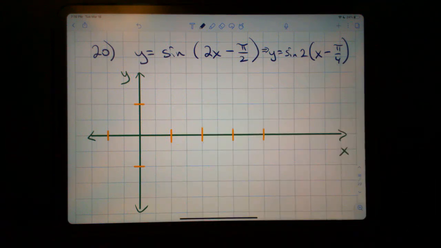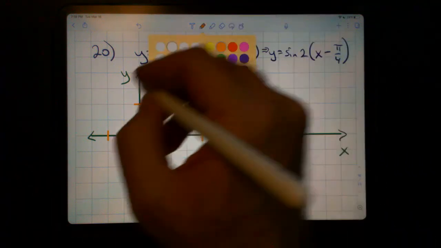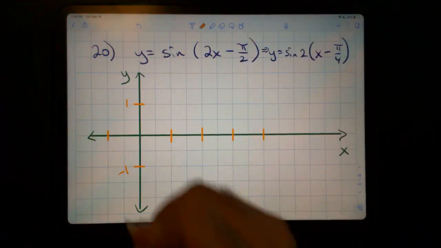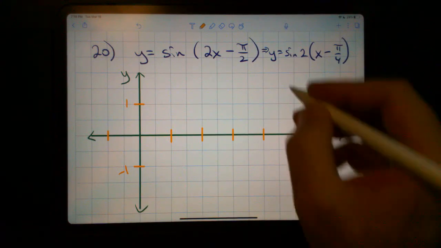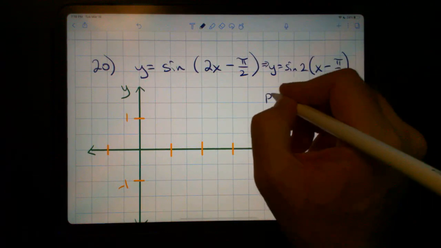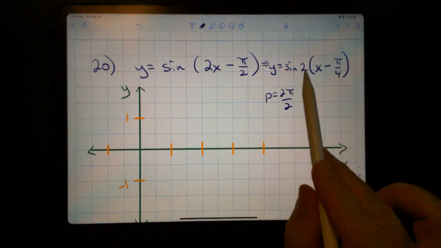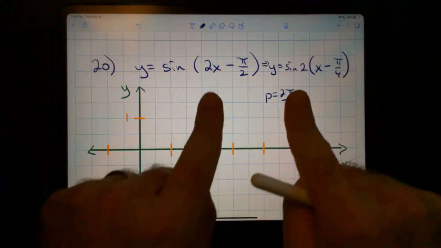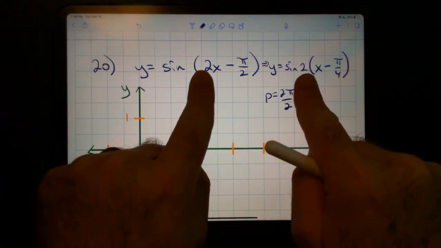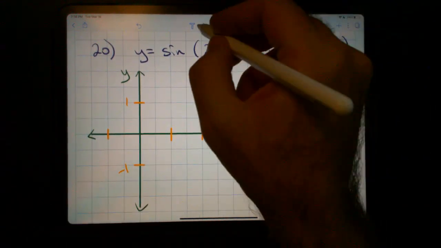Okay. So our amplitude is 1. Go up 1, negative 1. Our period is 2 pi over b, and our b is 2. So the period is going to be pi.